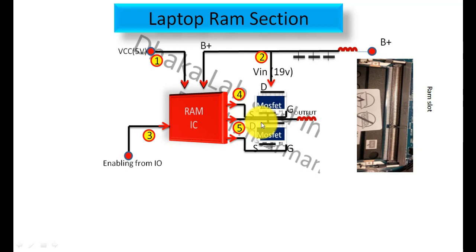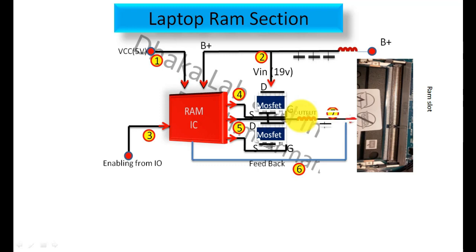It may be a DDR2, DDR3, or DDR4 motherboard. It depends on how the motherboard is. So here there will be RAM voltage, and this voltage will enter into the RAM slot.